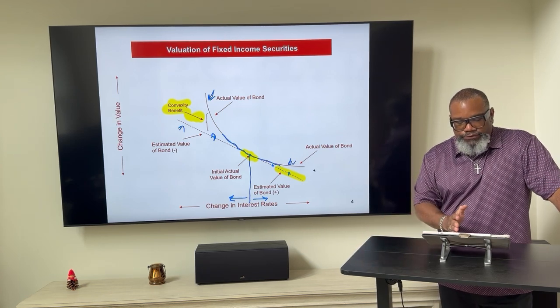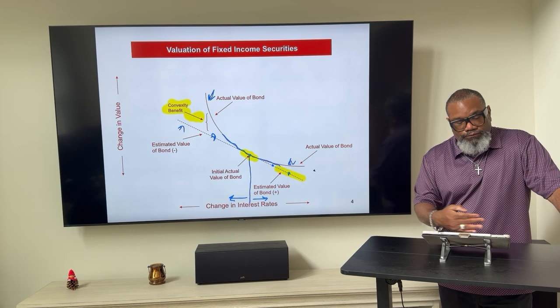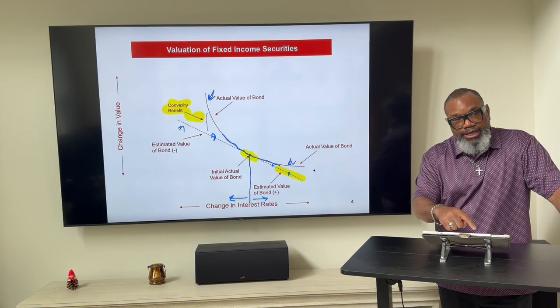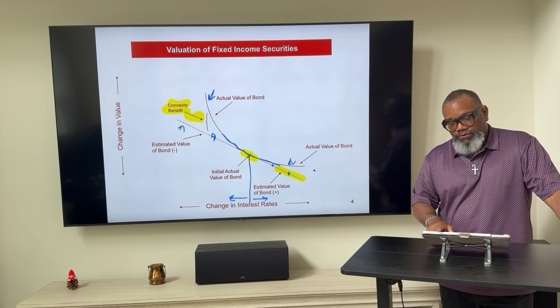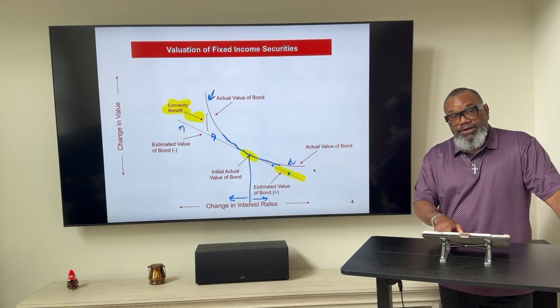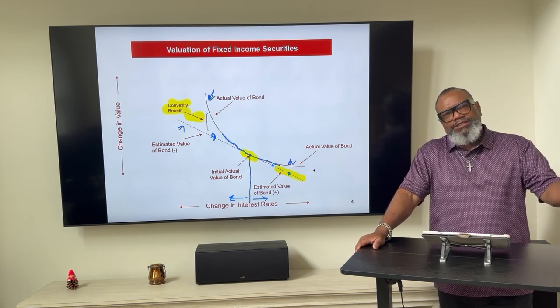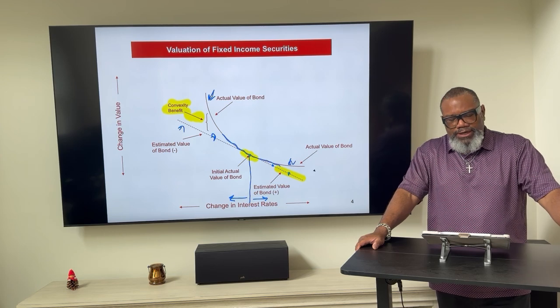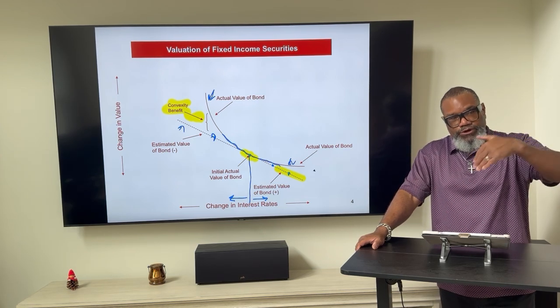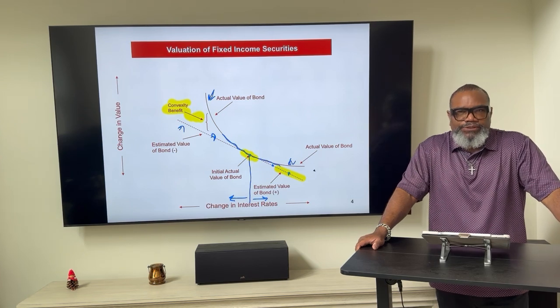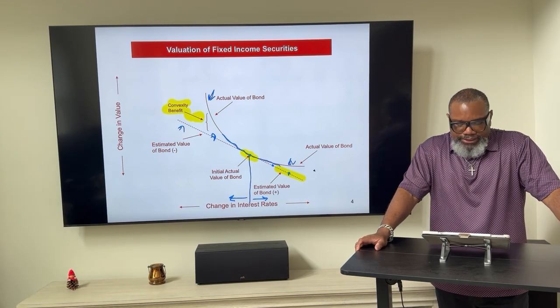If those interest rates were to decline or move to the left, you see that the value of the bond increases. And if that interest rate were to move to the right, then the value of that bond will decrease, right? But it's not a linear relationship in terms of the actual change in the value. It's a curved relationship, and that represents the convexity.